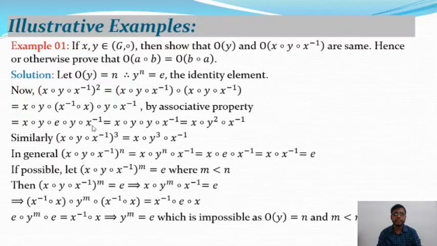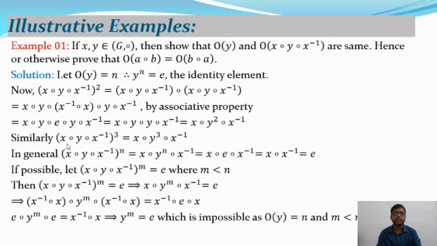So we get x composition y composition y composition x inverse, and you know that y composition y is equal to y square, so we get x composition y square composition x inverse. Okay, that means x composition y composition x inverse whole square is equal to x composition y square composition x inverse, after applying the properties of group theory.